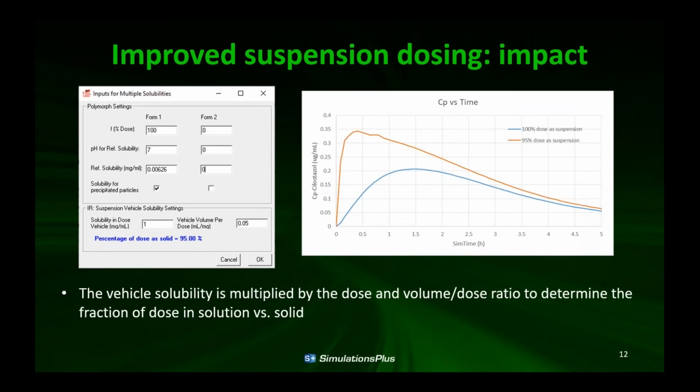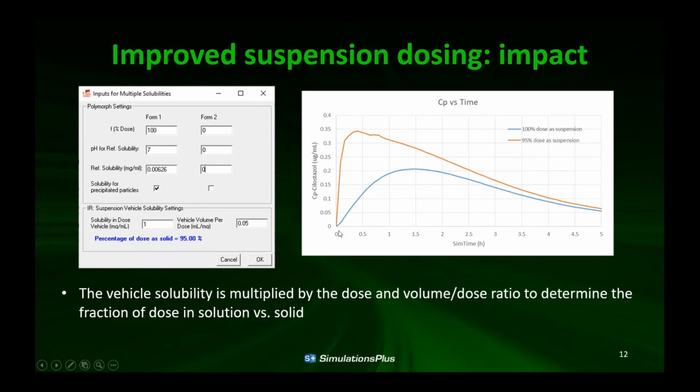So we allow the program, based on this formulation information, to calculate the dissolved amount and also the undissolved amount. For this example, based on this input, the percent of dose as dissolved is 5%, and the percent of dose in solid is 95%.